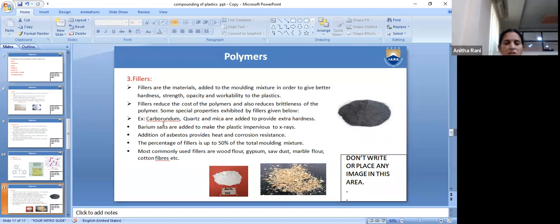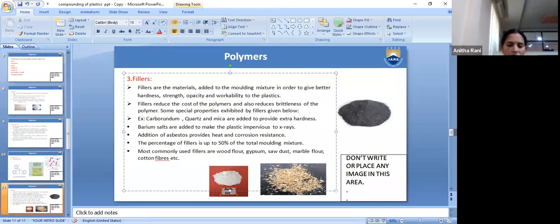I give some points here. When we add carborundum, silicon carbide, quartz, which is silicon dioxide, and mica, it provides extra hardness and improves the hardness.